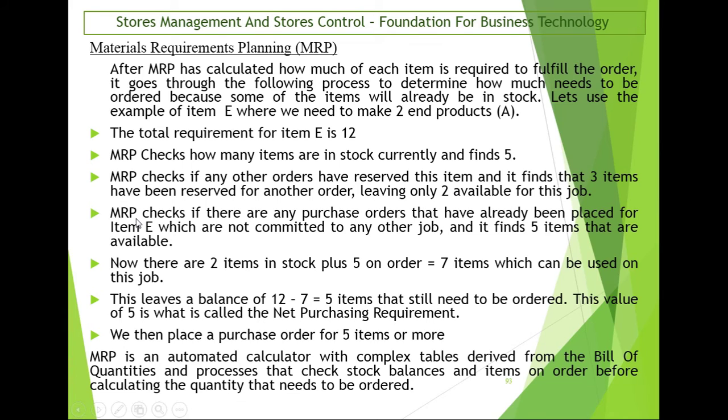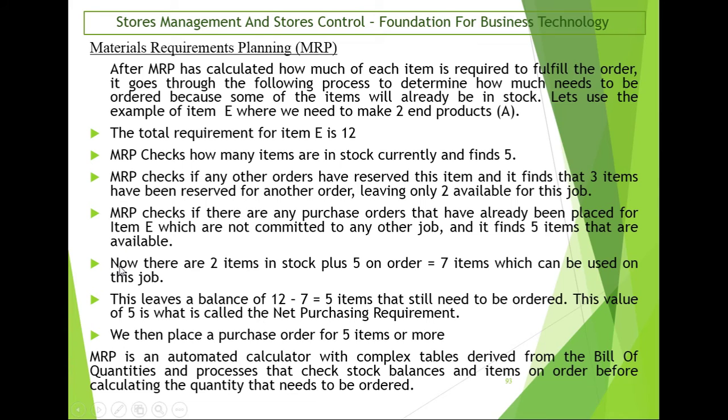We then check if there are any purchase orders that have already been placed for this item E, because we might have already placed an order and we are just waiting for the supplier to deliver. Let's say we find that there are 5 items that are available on order.